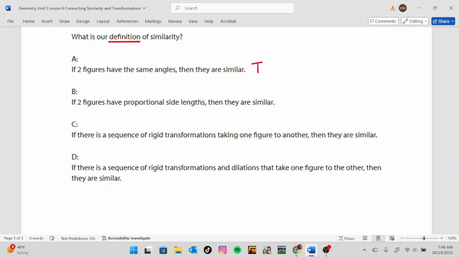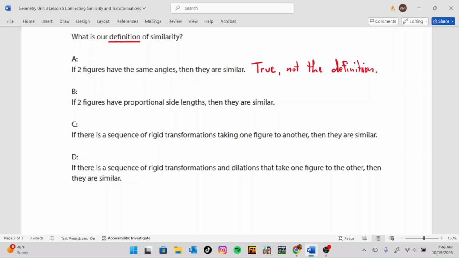Well, this is true, but it's not the definition. This is more what you would call a characteristic or a trait of similar figures. If you have two similar figures, then yes, their angles are going to be the same, but that's not the whole definition.